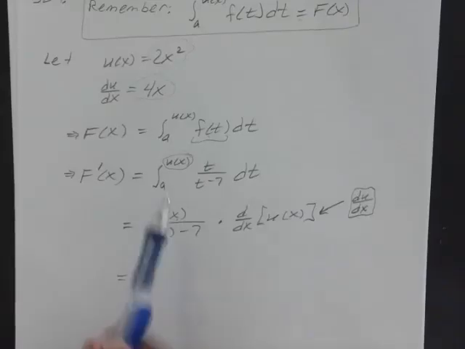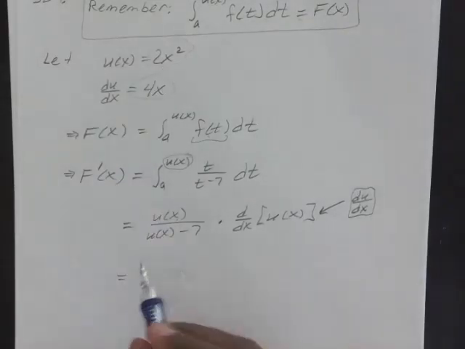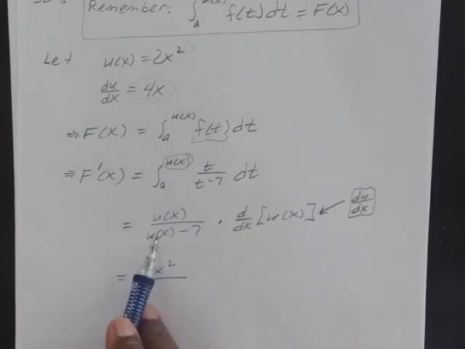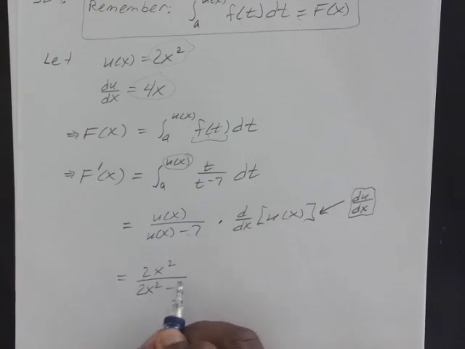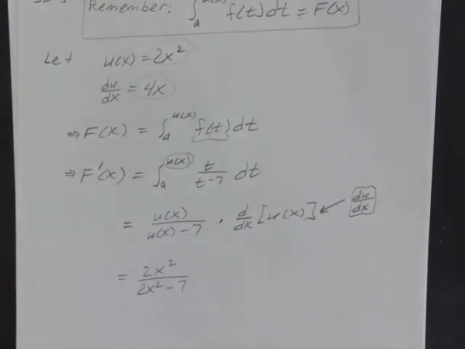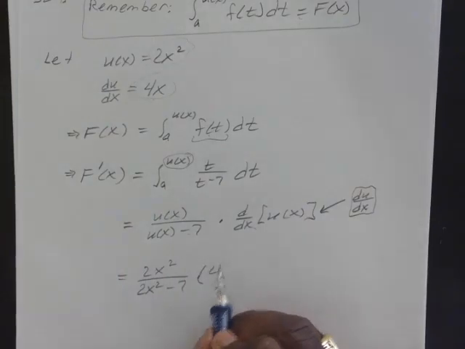Okay, so now that u of x could just become 2x squared divided by 2x squared minus 7. Times your derivative of u of x, or your du dx, which is 4x. I'll just put times 4x.